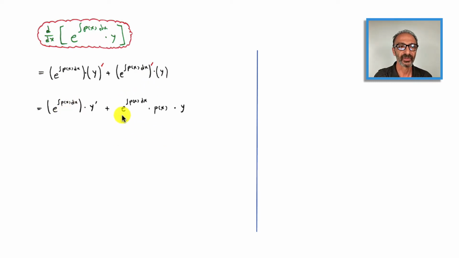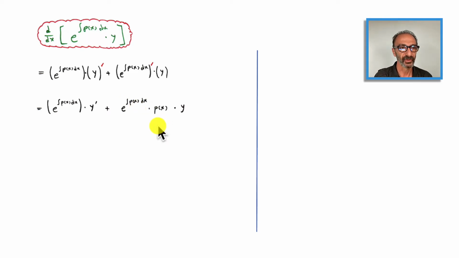So here we go: e to the u times u prime. The derivative of u, as this is called u, is p of x by itself because the derivative of the integral cancels.